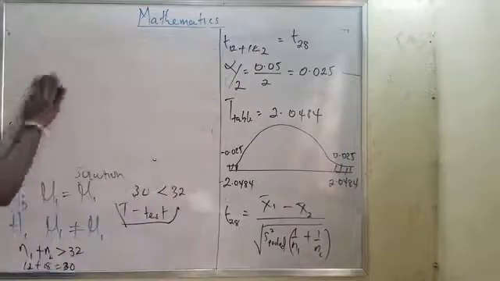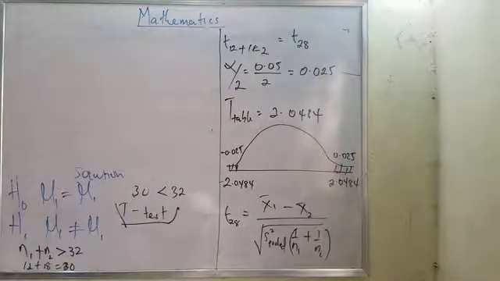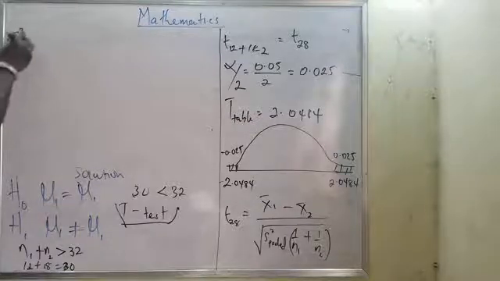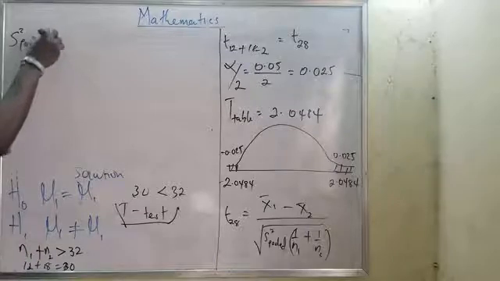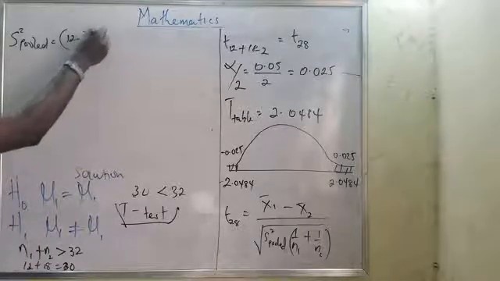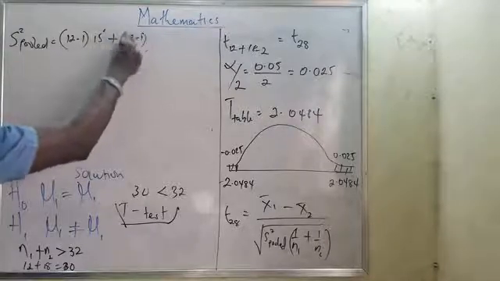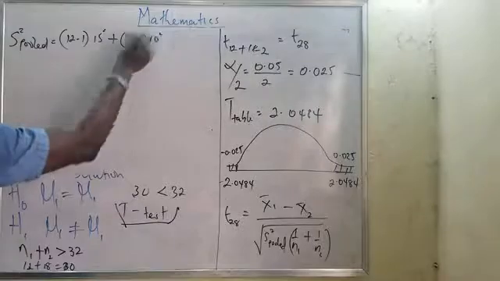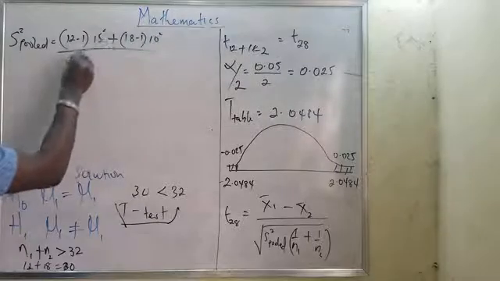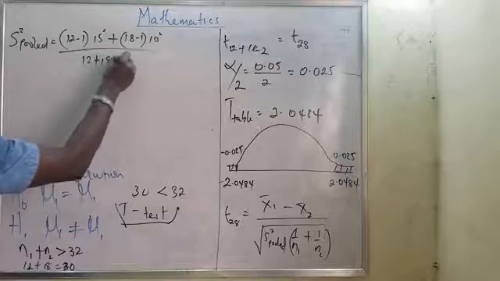Now, what I will just do is compute s squared, which is equal to 12 minus 1 times 15 squared, plus 18 minus 1 times 10 squared, divided by the degree of freedom, 12 plus 18 minus 2.